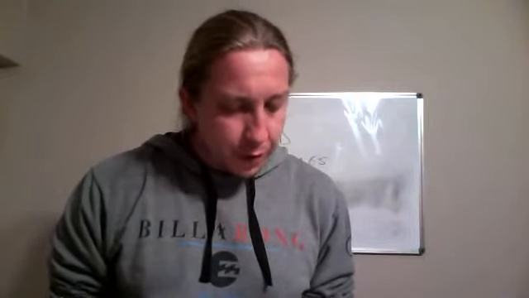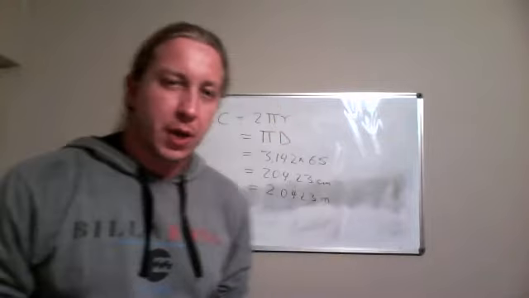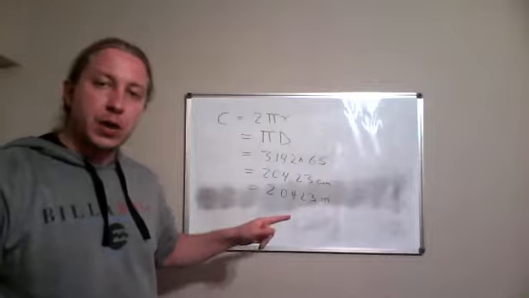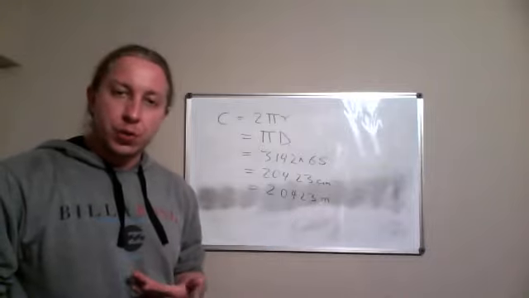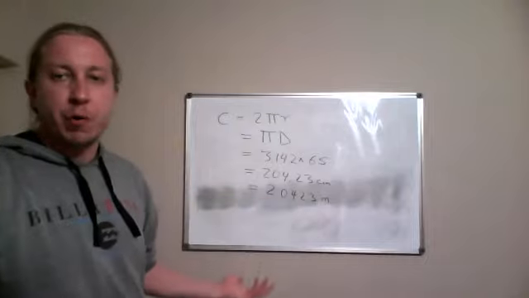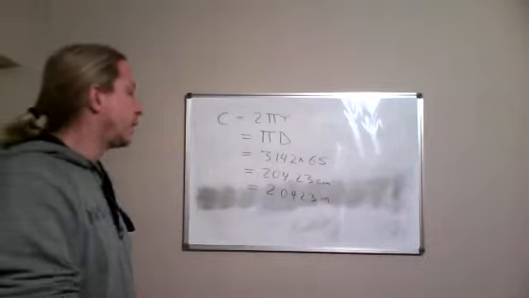Right, 1.2. How far does the car travel in 3/4 of a revolution of its wheels? If this is how much it travels in one revolution, how much does it do in 3/4 of a revolution? Well, let's multiply this amount by the proportion of 3/4 and we'll find out.